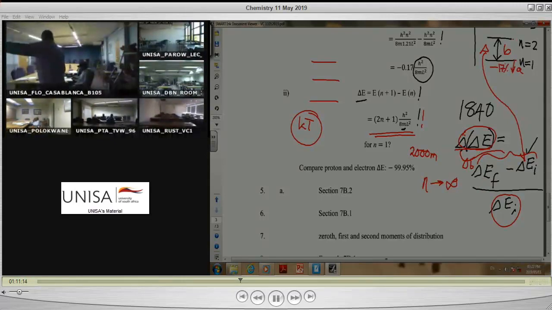I sat down and calculated this and found that if you change this, the separation here will change by 99.9 percent, in fact it will decrease. Is it reasonable that it decreases?